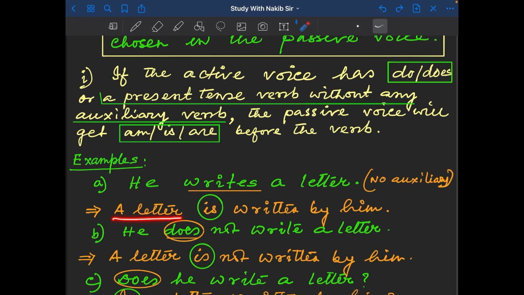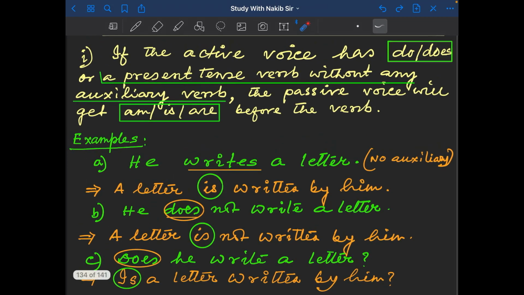Here a letter is third person singular number, so "is" is used here. So the answer is: a letter is written by him. You have got the auxiliary verb "is". If you remember this, there will be no problem.